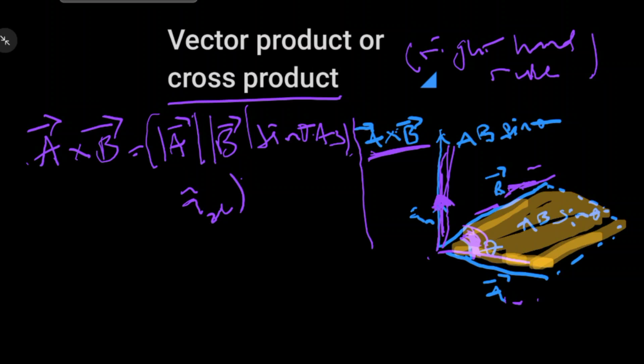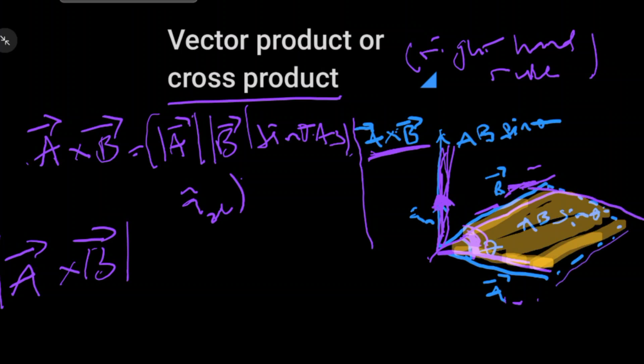The magnitude of the cross product of A and B, let me write it right here, is exactly equal to the area of the parallelogram formed by the vectors A and B. So the magnitude of this is equal to the area of the parallelogram. So the area right here is equal to this.